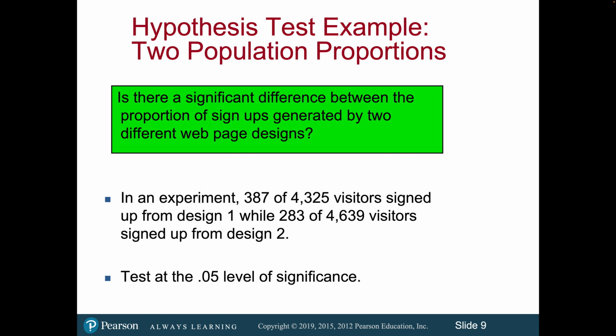So an example: is there a significant difference between the proportion of signups generated by two different web page designs? It looks like in an experiment that 387 of 4,325 signed up for design 1, and 283 out of 4,639 signed up from design 2. Test at 0.05.